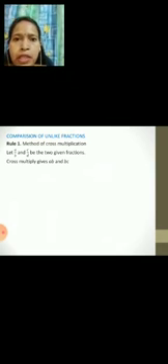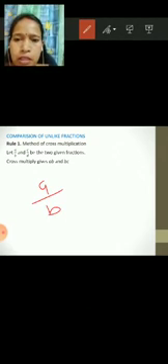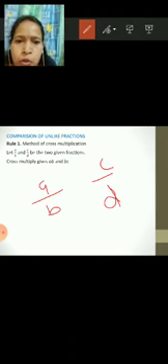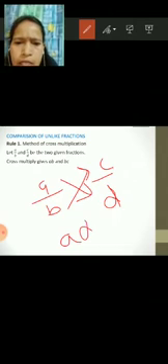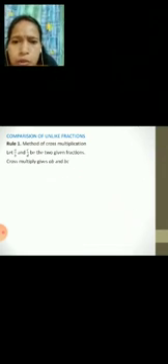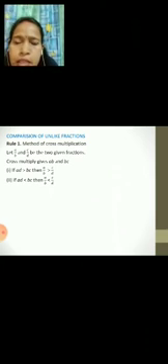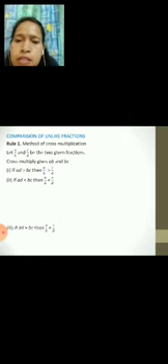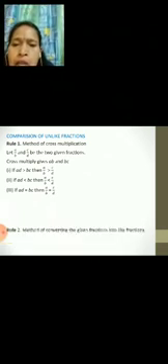When you cross multiply, you will get AD and BC. If AD is greater than BC, then A by B is greater than C by D. If AD is less than BC, then A by B is less than C by D, and if both are equal, then we can say A by B is equal to C by D.